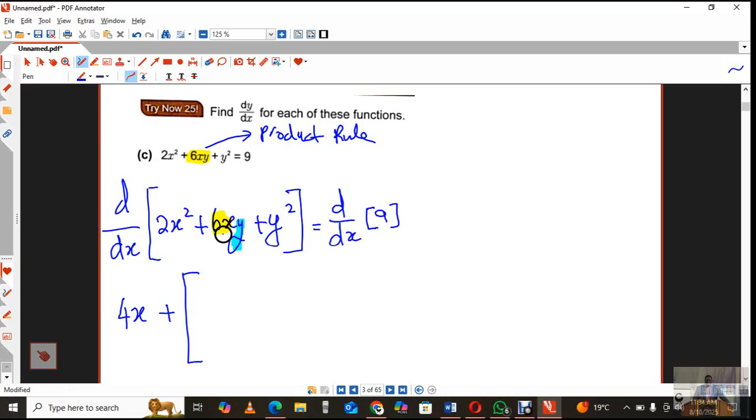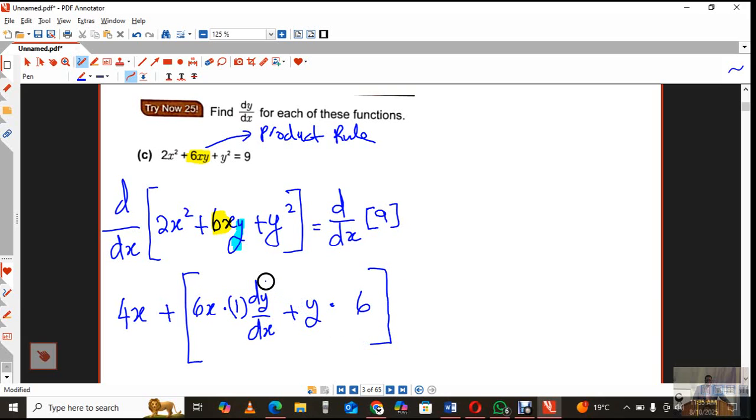Now I could have dragged out the 6 as a constant multiplier, but I don't want to have to multiply over by that 6 again, so I'm just going to keep the 6xy. So 6x being the first, you keep the first, multiply by the derivative of the second, which is just 1. Then you don't forget, you must attach dy dx because you did the derivative of y, plus the second term y times the derivative of 6x, which is just 6.